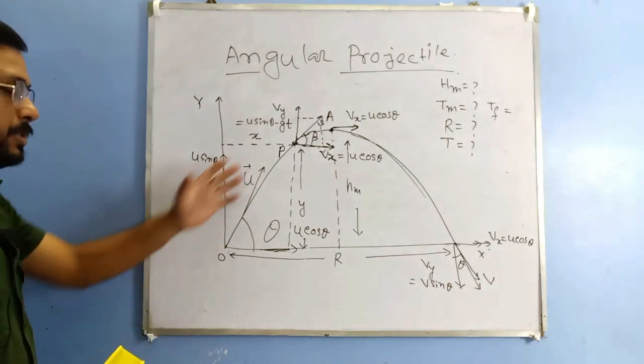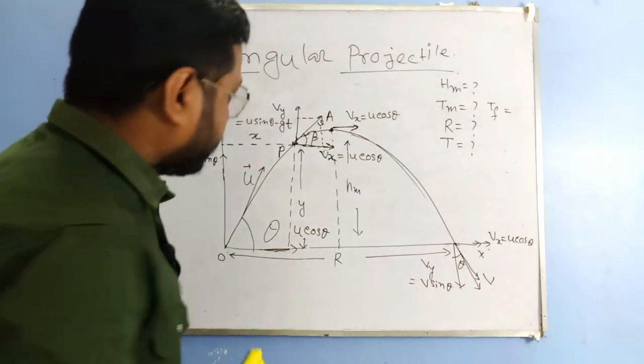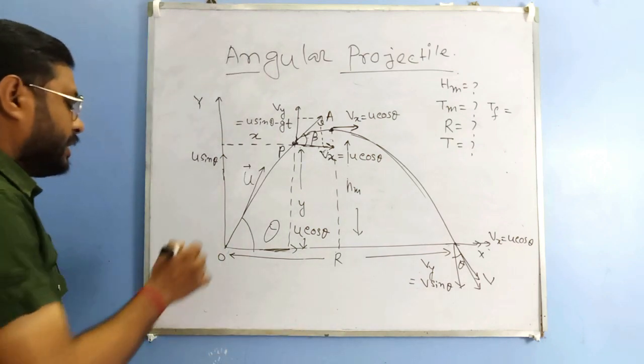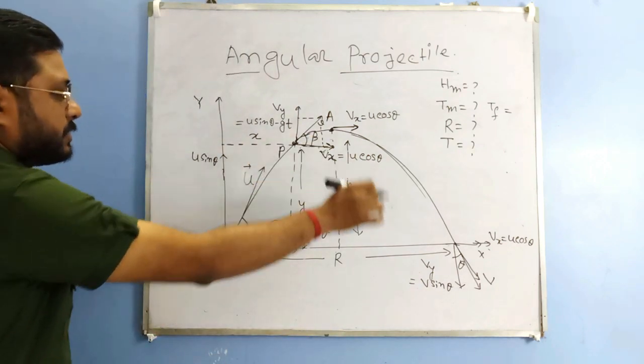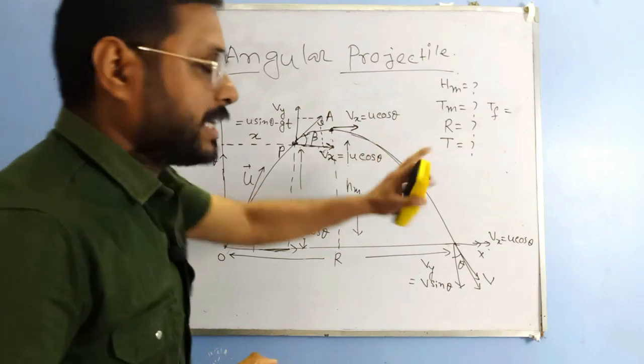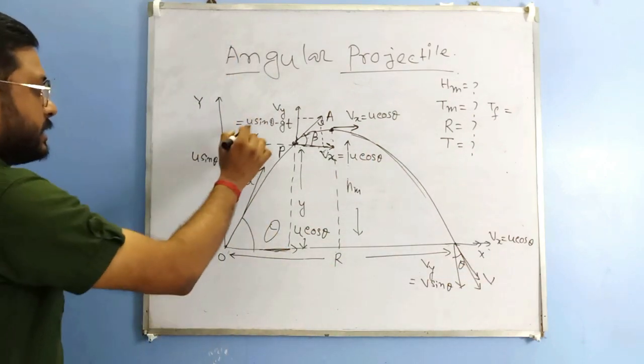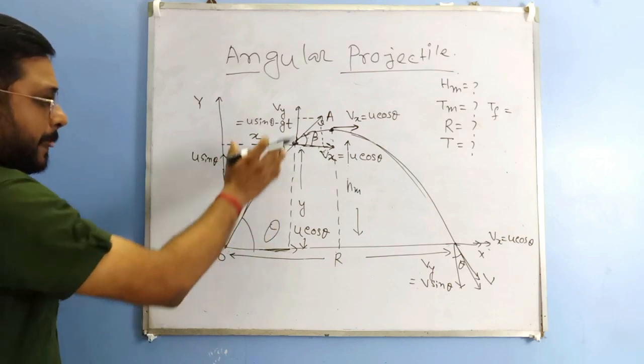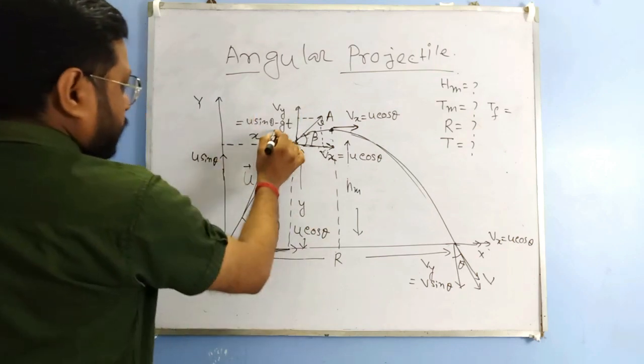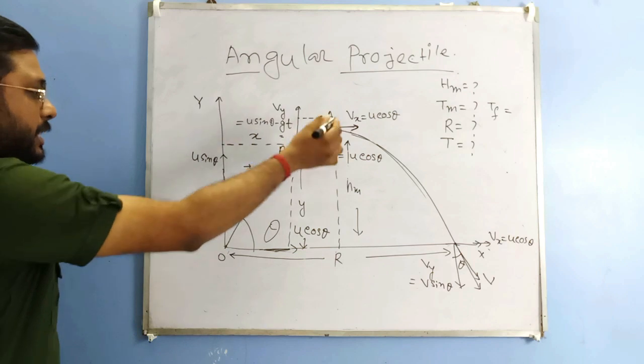So if we summarize it, the horizontal velocity remains the same, u cos theta, at any point of the projection, but the vertical velocity changes according to the time, the gravitational acceleration, and the initial velocity.